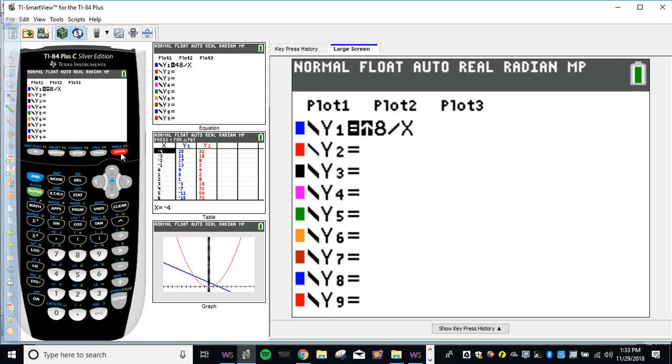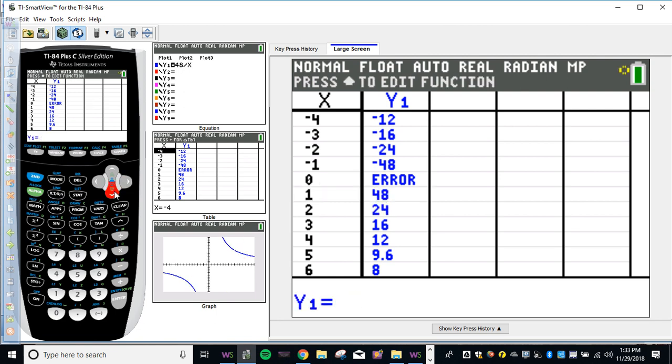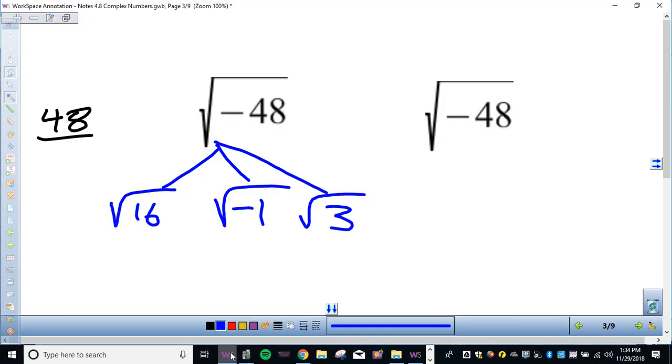So 48 divided by x, look at the list of factors, and I'm looking over here on this y1 side to find the biggest number I can evenly square root. So that's why I got 16 and 3. All right, so if you're not good at coming up with that list of factors, use that graphing calculator. It'll help you out a ton. So we get 4i square root 3.